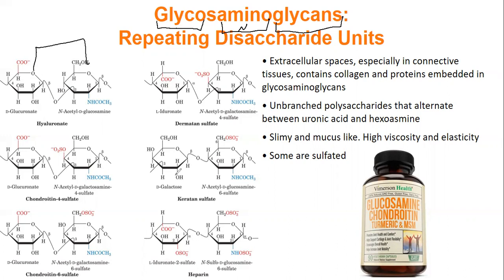One, they usually have this amino group at position 2. And 2, they're very negatively charged. And they are unbranched. Long linear sugars that are very negatively charged with these nitrogen groups. And you usually find them outside the cell, in the extracellular space.